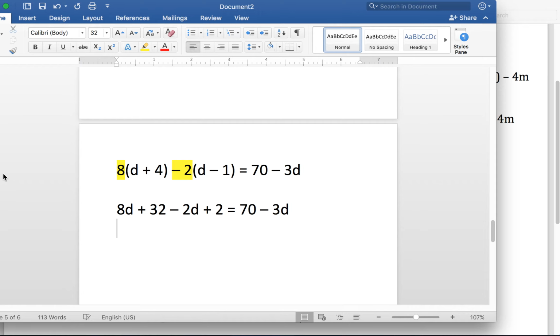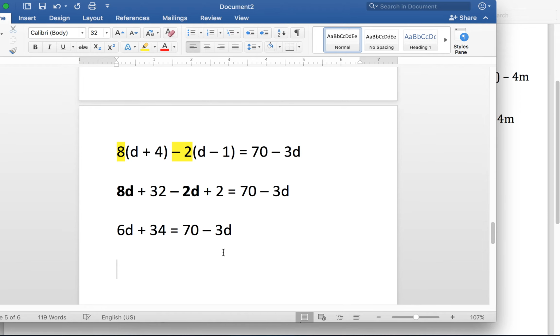So there's a lot of things going on over here on this side of the jungle, because we have d terms which we can combine and we have constants which we can combine. So 8 minus 2 is 6d, 32 plus 2 is 34. Now both sides are as simplified as they can get, so we have to start the process of getting all the dinos on one side and all the numbers on the other side.